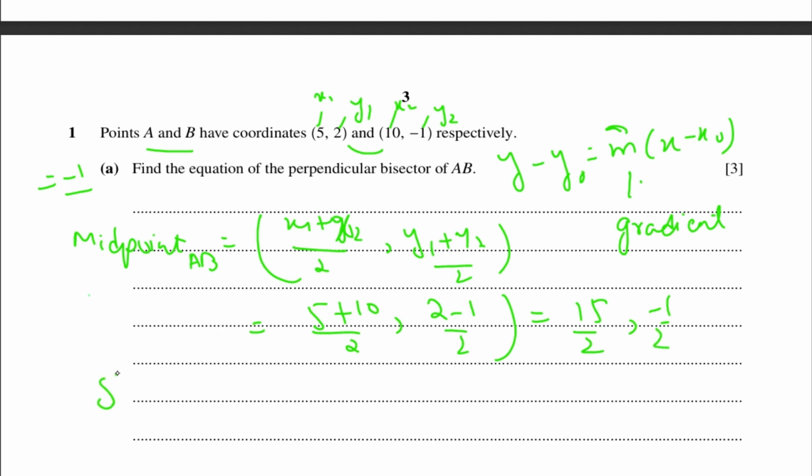Now we will calculate the slope or gradient of AB. It will be (minus 1 minus 2) over (10 minus 5), which is minus 3 over 5. The slope of the perpendicular will be the negative reciprocal, so the gradient will be 5 over 3.